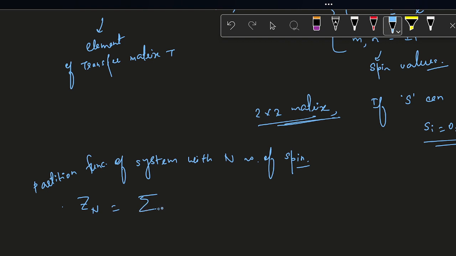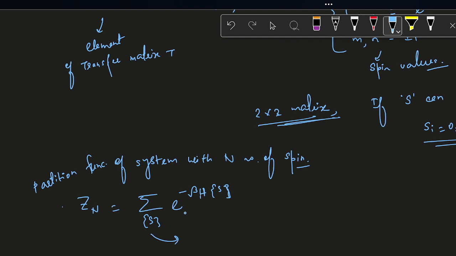The partition function is basically this, you know the form: first of all e to the power minus beta times the Hamiltonian, and the bracketed S in the curly bracket denotes all possible configurations of the spin elements. So you take the exponential of minus beta and the Hamiltonian, and we are summing over all possible configurations of the spin values.